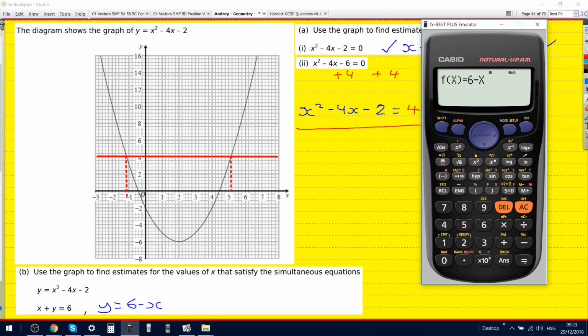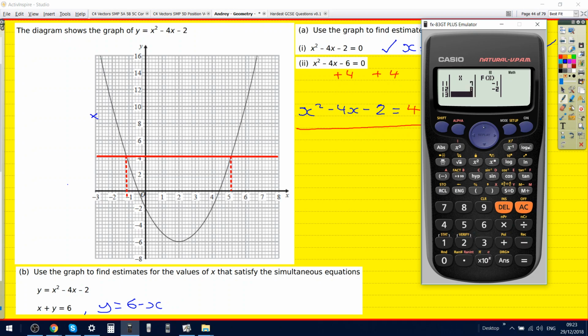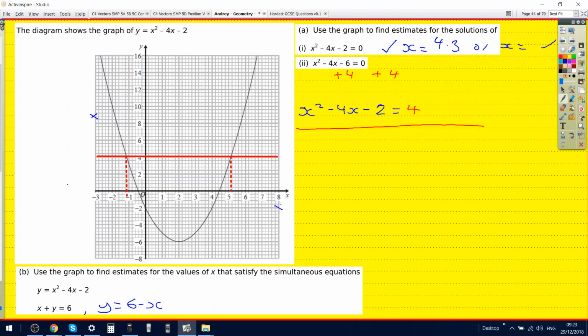6 minus x. The table starts at minus 3 and stops at 8. So in minus 3, it's 9. So minus 3 across, 9 up. And 8 minus 2 is there.